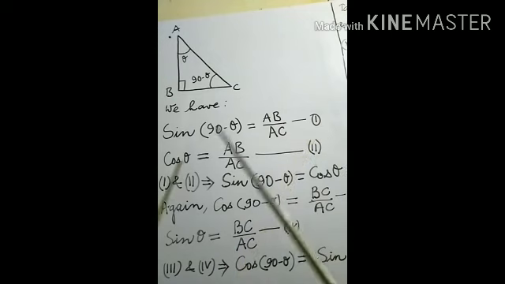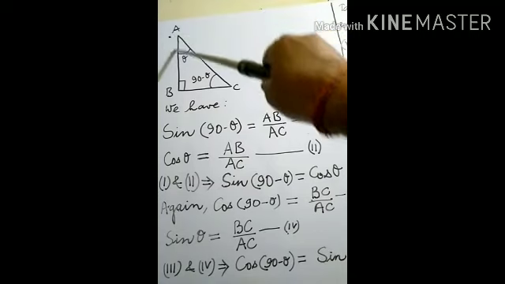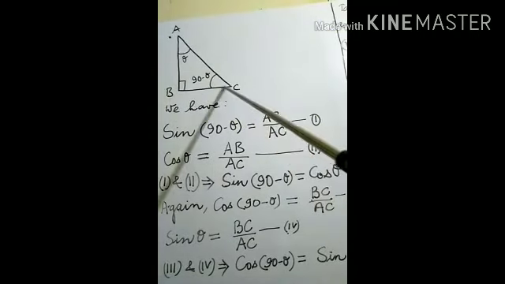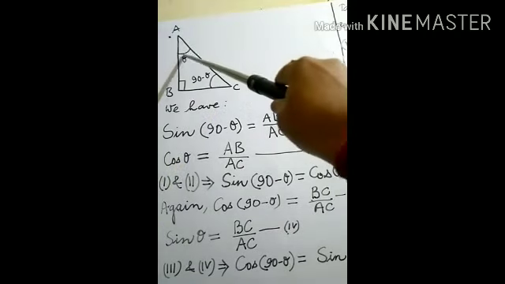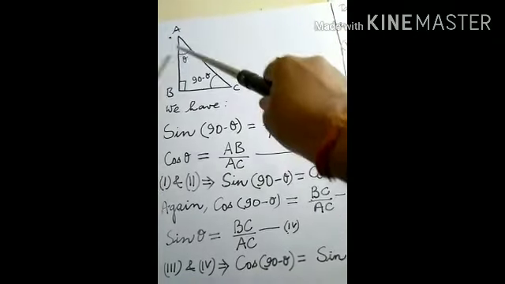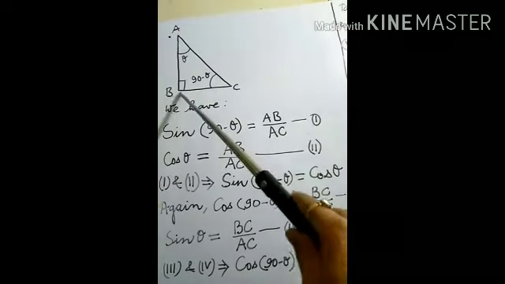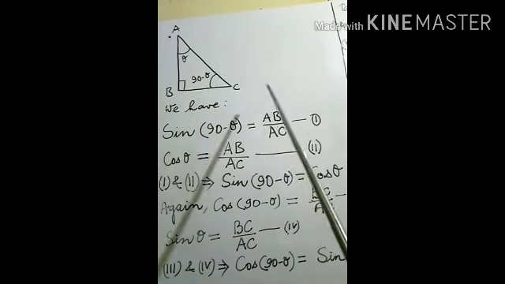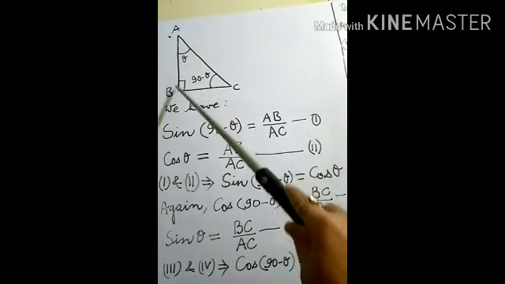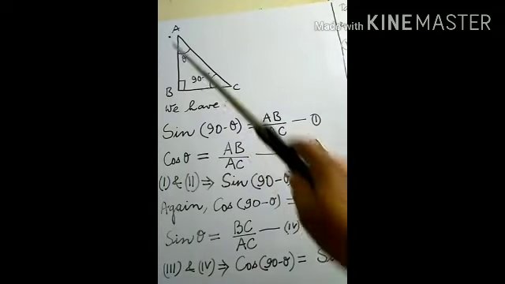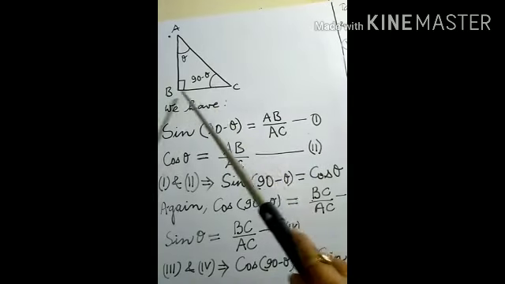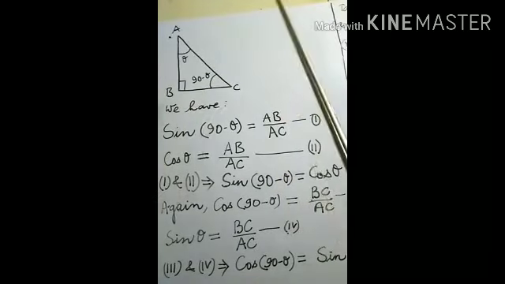Now see, we have to consider AB as base, and BC as perpendicular, because theta is situated on perpendicular. So for this theta, this is base and this is perpendicular. In the same way, for this angle, this one is perpendicular and this one is base. Hypo will be the same.